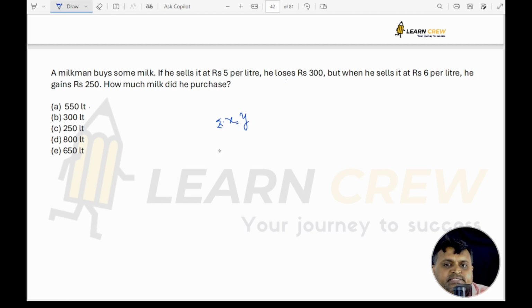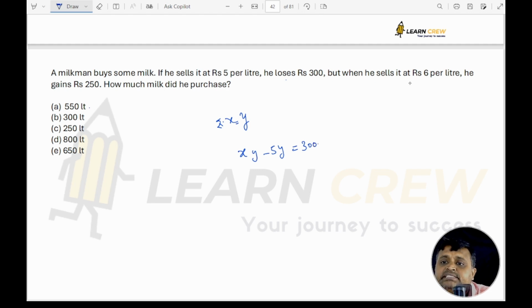When he sells these y liters at the rate of 5 rupees, there is a loss of 300. So you can say xy minus 5y is equal to 300.